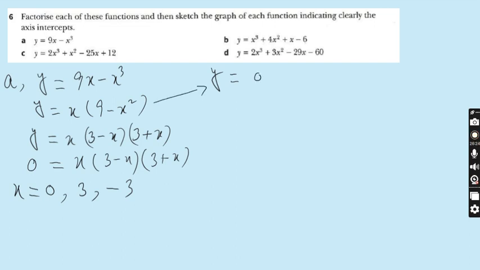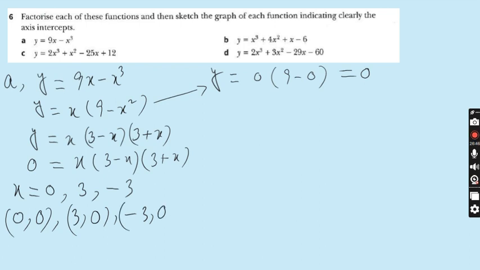I am putting in this factorized form: 0 into (9 minus 0 square) is 0. Something multiplied by 0 is always 0. So when x is 0, y is 0. When x is 3, y is 0. When x is minus 3, y is 0. So these are the axis intercepts.